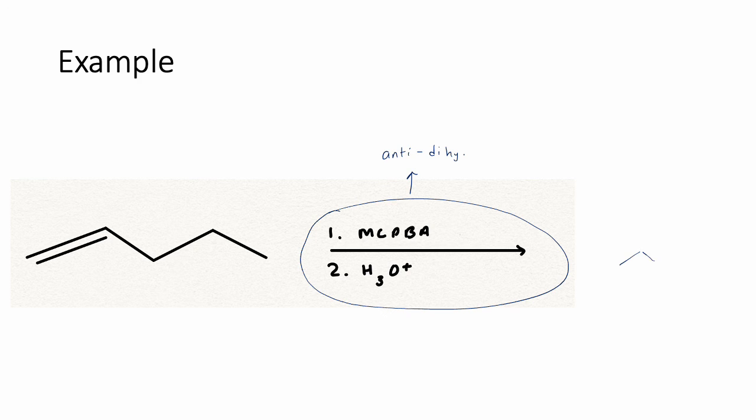So let's draw our alkene, and then let's draw our two OH groups. Now the question is, how can we show stereochemistry? Because that's very important, because remember, we're going to have to add via anti-addition. So you might be tempted to draw something like this.